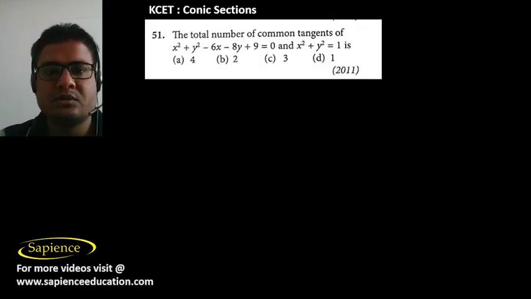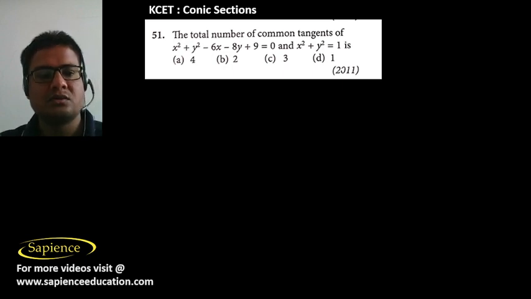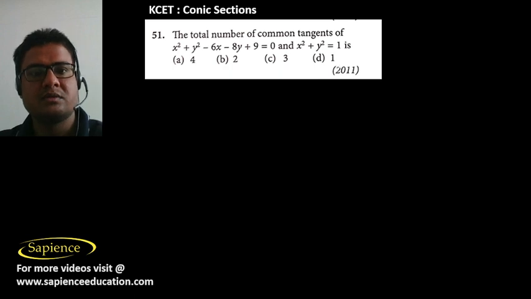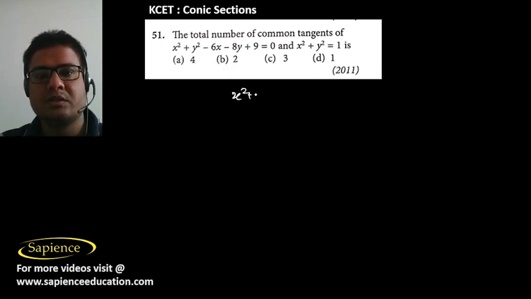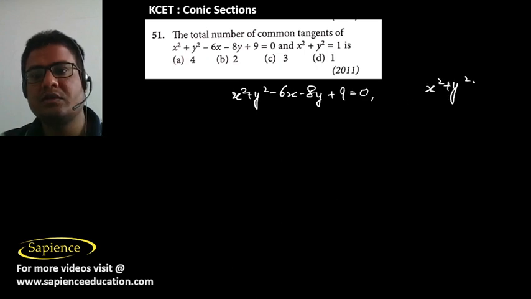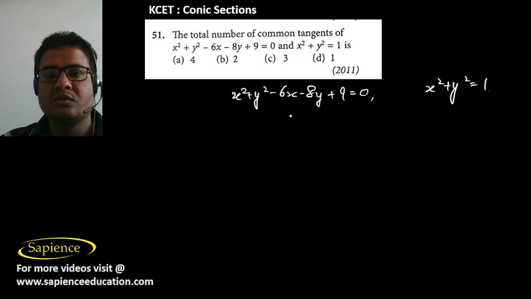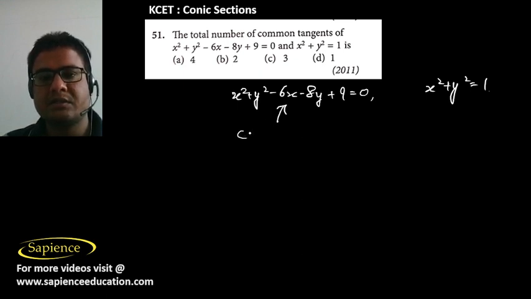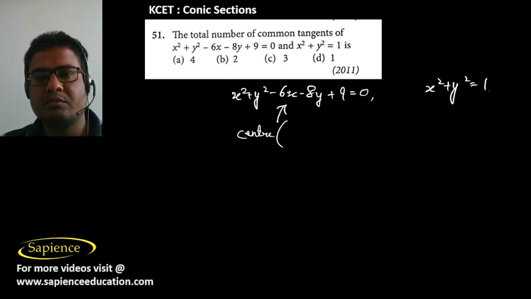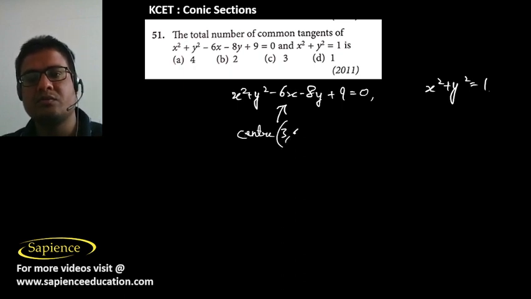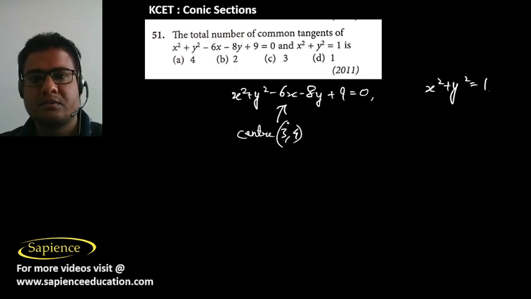And then in question number 51 it is told that the number of common tangents of x square plus y square minus 6x minus 8y plus 9 equal to 0 and x square plus y square equal to 1 is. So now this circle has the center at minus g comma minus f, so that is 3 comma 4.